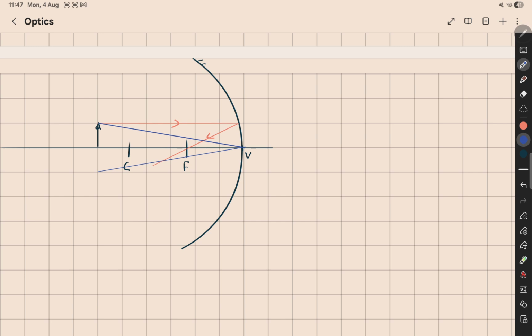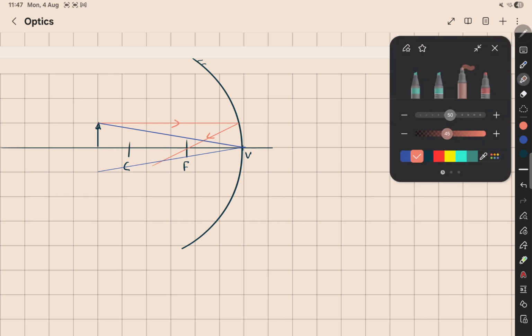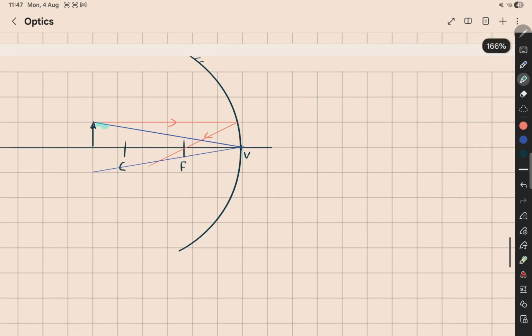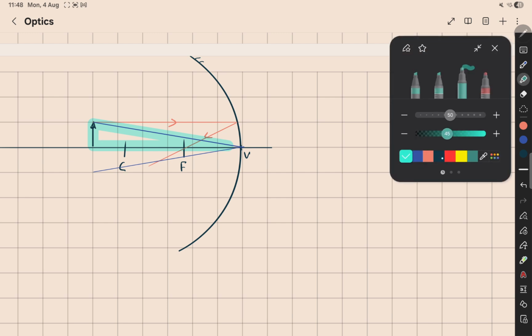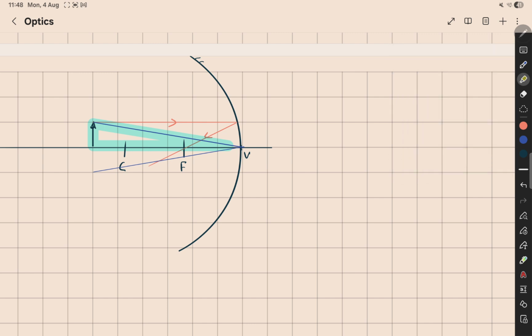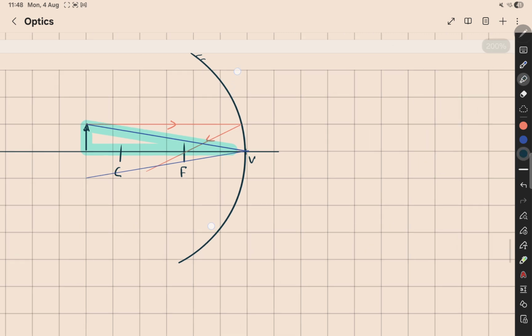So now it's just playing with trigonometry. I will take two triangles. I'll take this triangle here, the first one, with this triangle that I'll be drawing here. The second one that I'll be taking, I'll be using yellow. Oh, I forgot to draw the image.